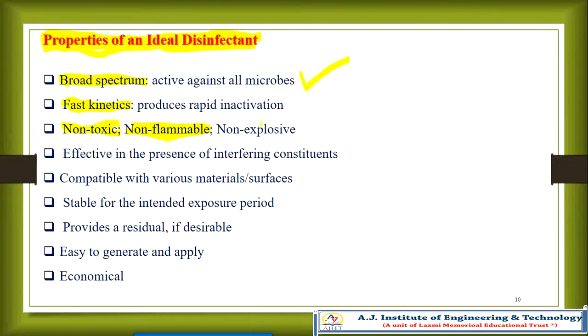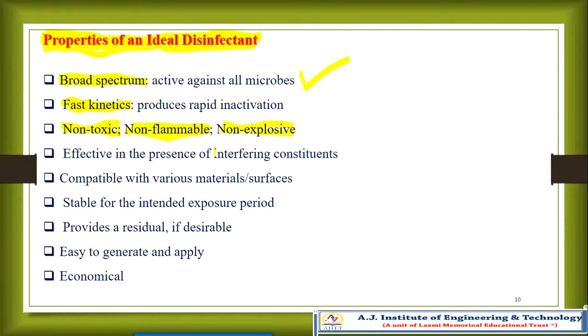It should not be explosive. For example, if you take chlorine as a disinfectant, it should not be toxic to humans, since we are using chlorine. It should be non-flammable and non-explosive. Effective in the presence of interfering constituents.